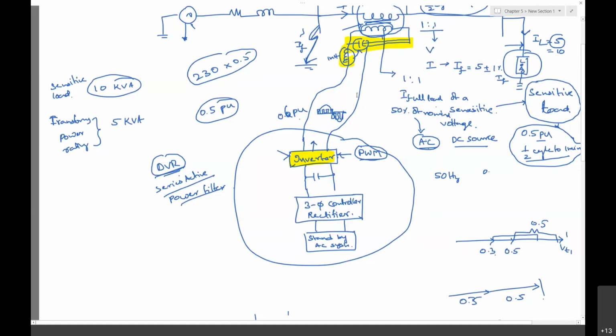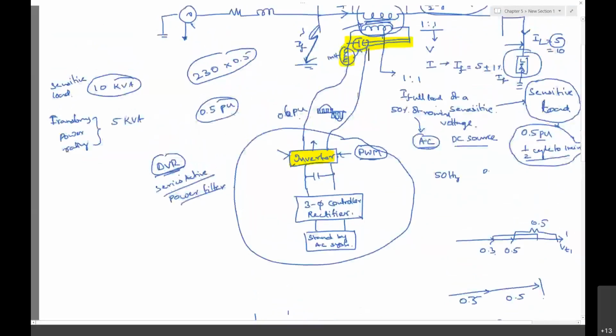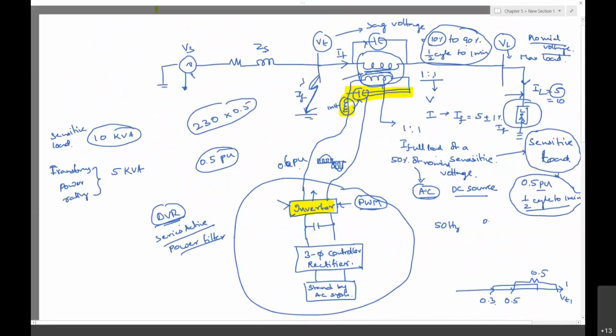Now it is clear that we have been using an AC source. How do we use it? When you have an AC standby source, we have to go for a three-phase controlled rectifier, and then we need to regulate the DC link capacitor voltage.